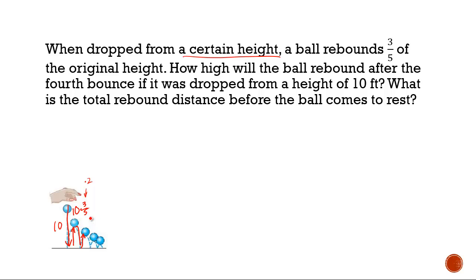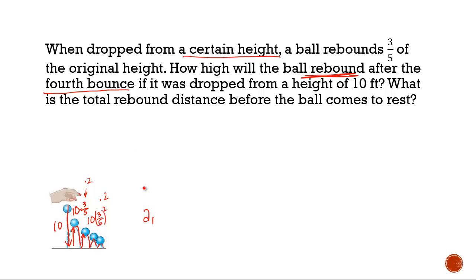But the next time it comes up, it's going to be 10 times 3/5 squared. And then it's going to go down, which is doubled, and so on. 10 times 3/5 cubed, 10 times 3/5 to the 4th power. So you can develop a formula that will give you the rebound after the 4th bounce. So how does that work? This was after the first bounce.